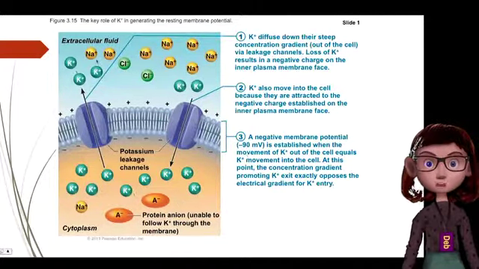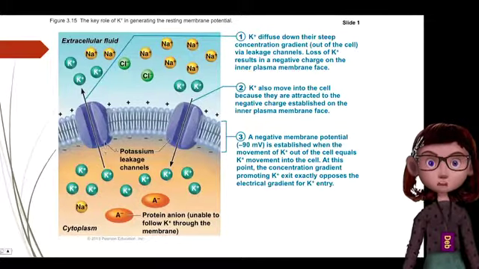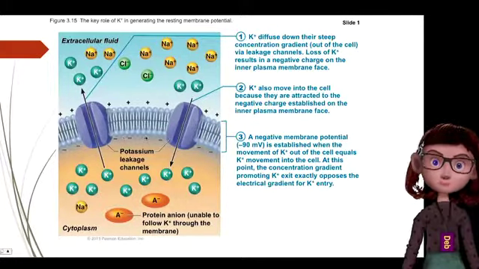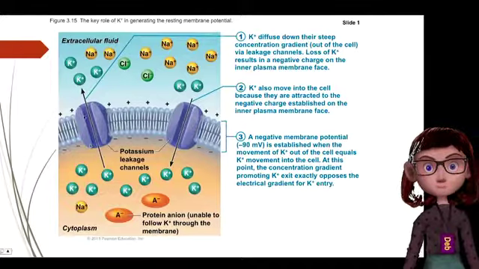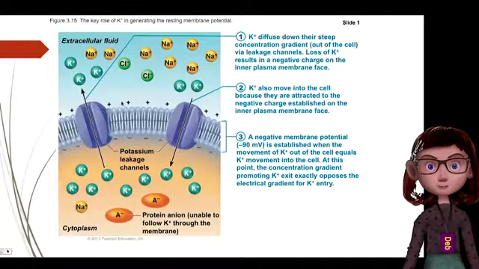Just keep in mind here that the movement of the potassium going out is going to allow this surface to be very negative because it's leaving, and all these sodium ions out here, plus the potassium that has leaked out, is going to establish the outer surface of the membrane to be very positive.